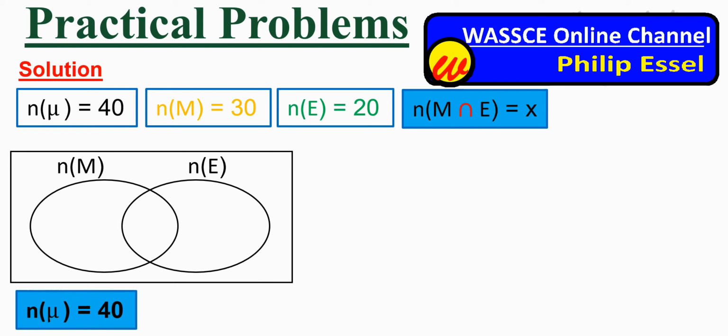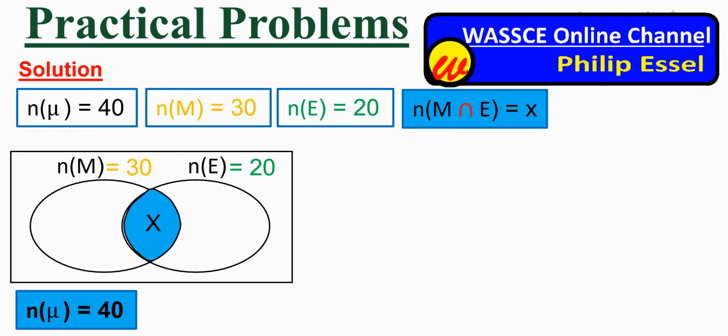Next, we are told that the number of students reading mathematics is 30. So let's complete that section of the Venn diagram. We also know the number of students reading English to be 20. So let's complete that as well. Now, our M intersection E, that's maths intersection English, is X. So let's complete this.